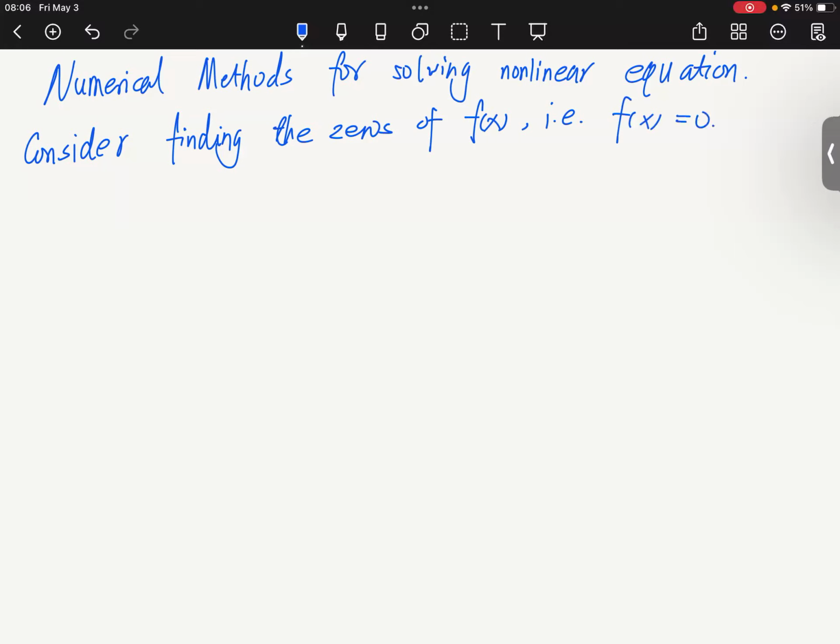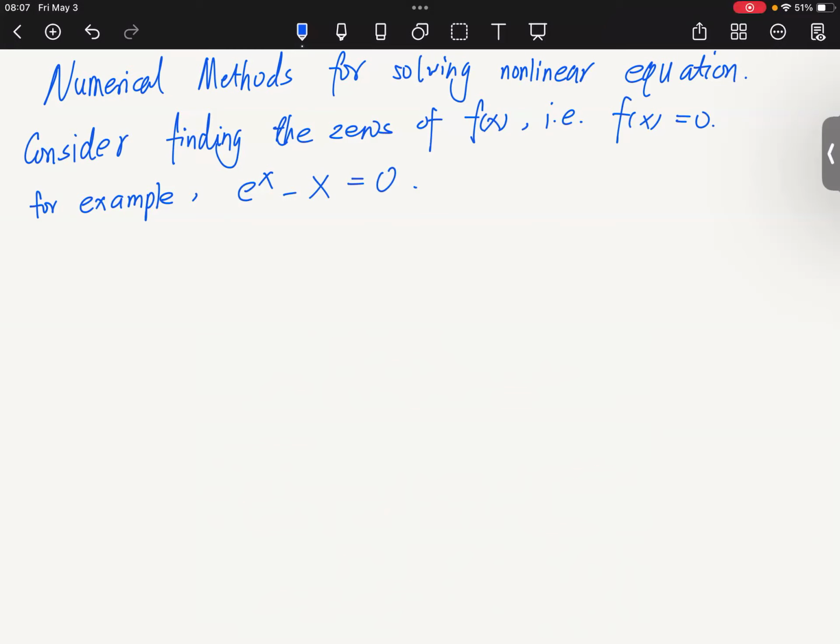And for example, let's say the function f(x) is just e^x minus x, and we want to solve this. This is one example here. First of all, we are going to take a look at a very simple but robust method to solve this kind of problem.